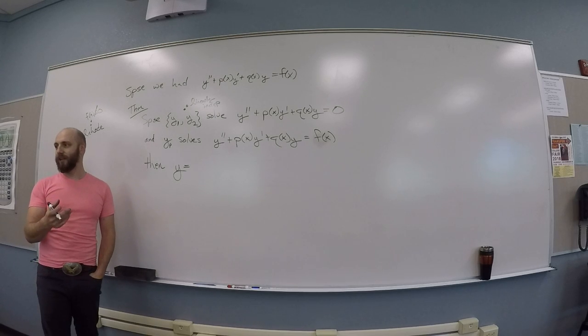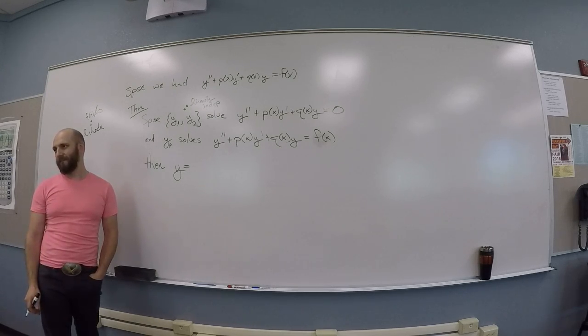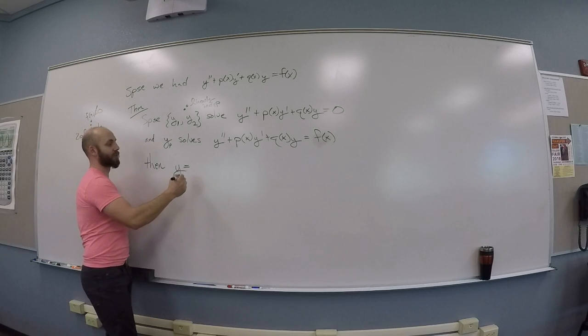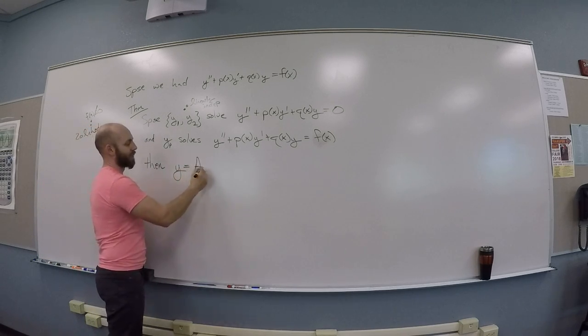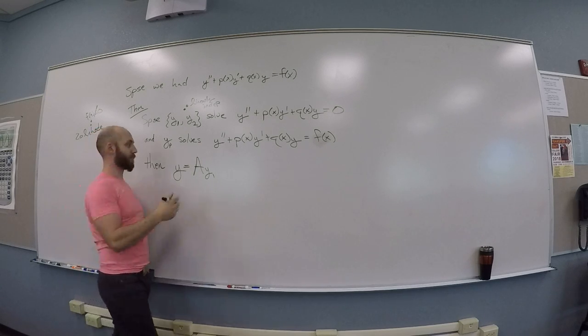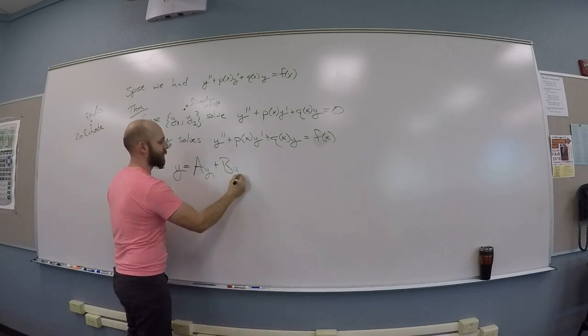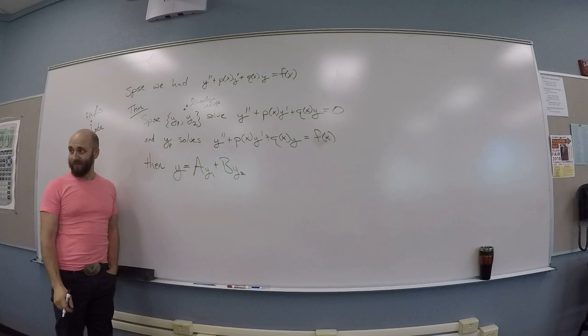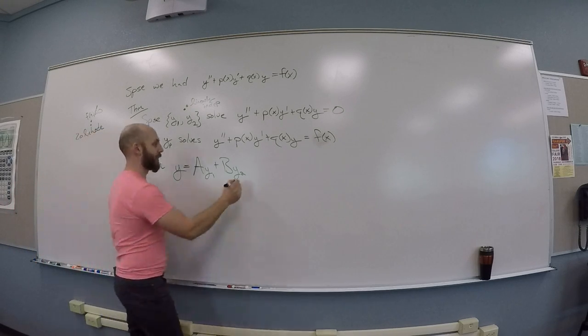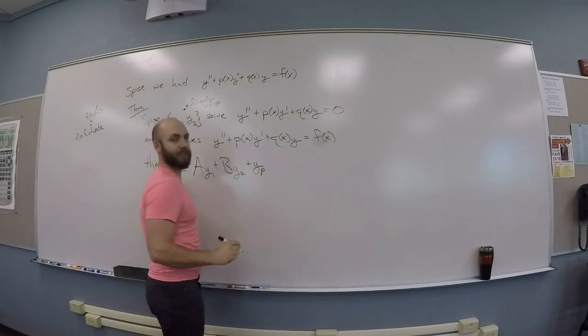How do you add those together to make a general solution? You need some constants: a y1 plus b y2, plus yp. And yp specifically doesn't get a constant.